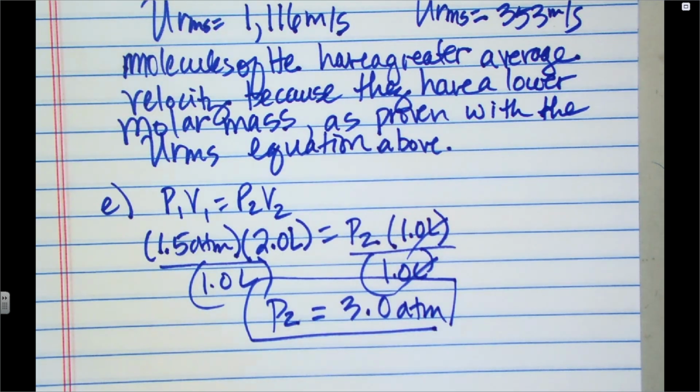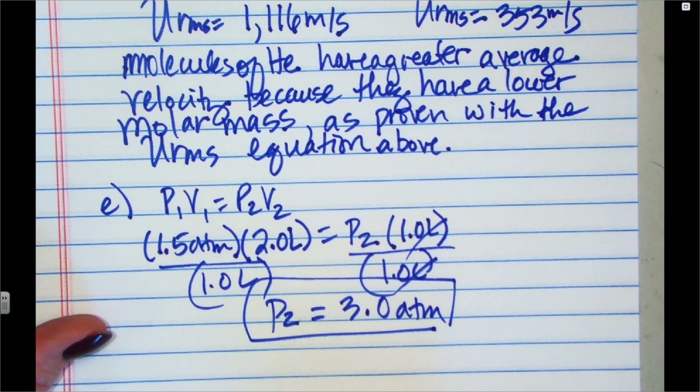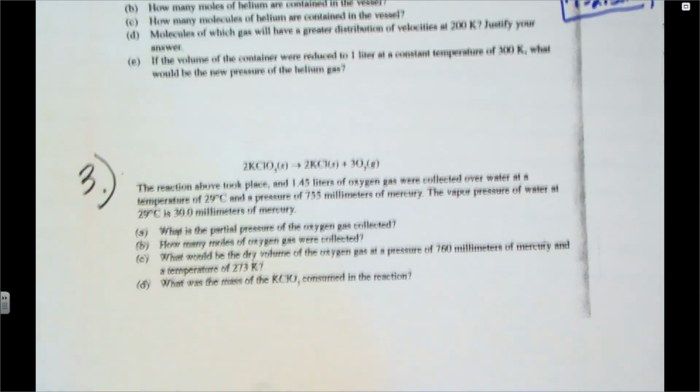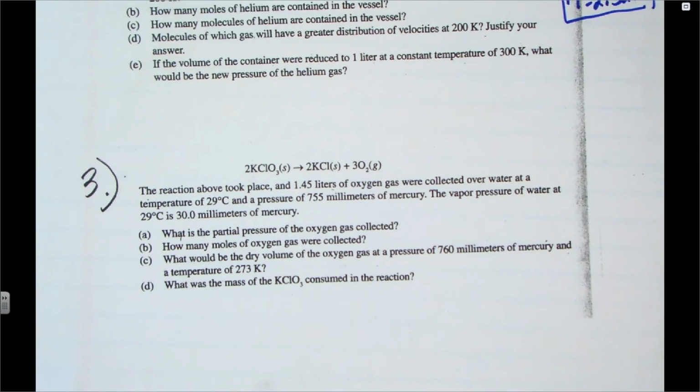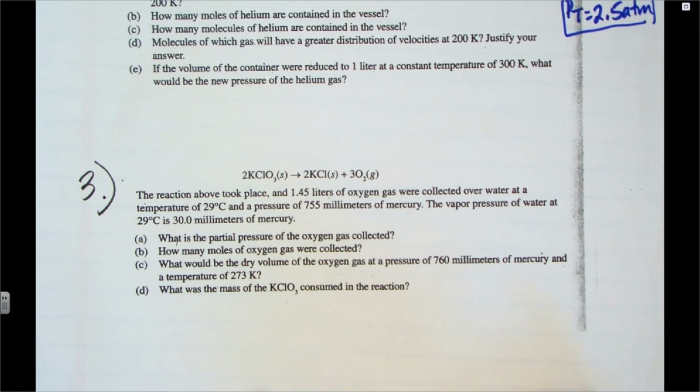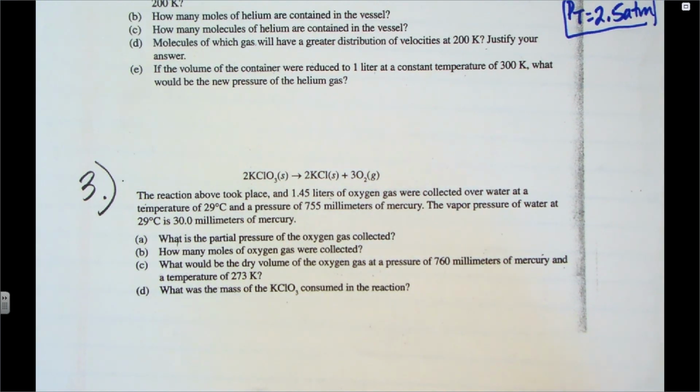Okay. All right, the last homework problem that you had to do. You were given a chemical equation, KClO3. This is the exact same equation that we had in the classwork example, but it's a little different situation here.